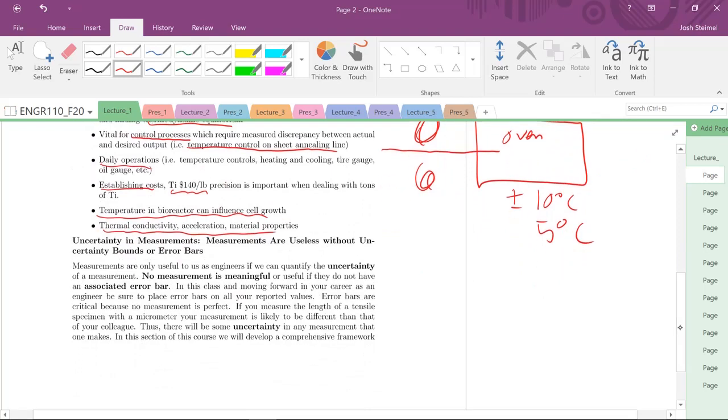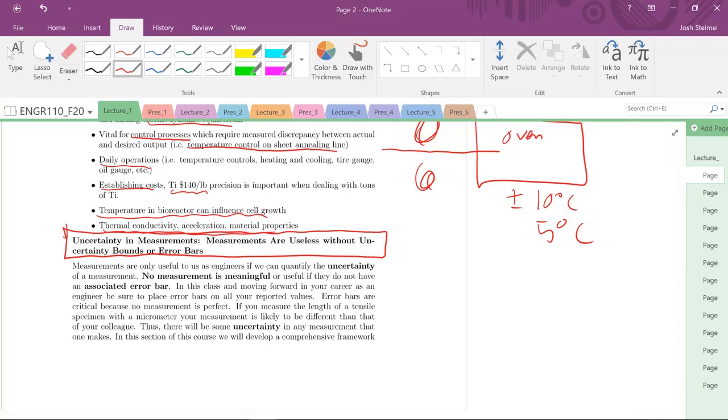Now, in this course, one of the primary focuses, and one of the problems I typically see not only with undergraduate reports or publications, but even with master's students and sometimes PhD students, is that a measurement is useless without an error bar. If I gave you a tensile specimen and asked you to measure the length, and you measured it and did not give me an error bar, your measurement is useless.